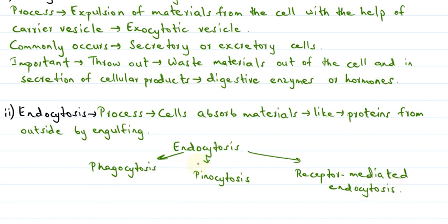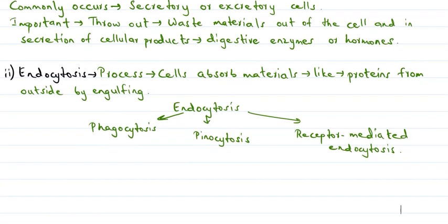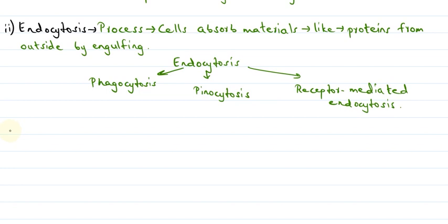These are the three types of endocytosis, and this classification is made based on the nature of absorption of the materials. First, let's talk about phagocytosis.